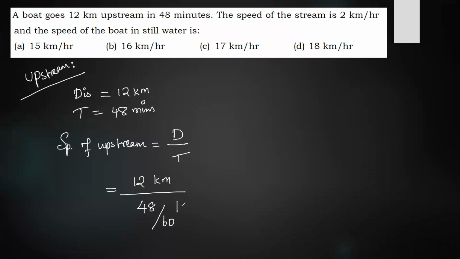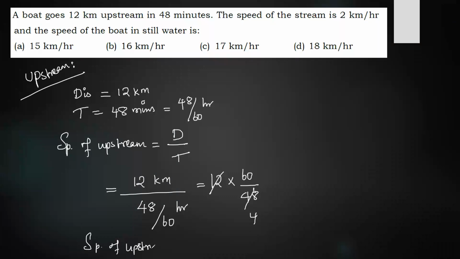Okay, first find the speed. The speed of upstream equals distance by time, right? So the distance is 12 kilometers, and the time is 48 minutes, so I am converting it into hours: 48 by 60.